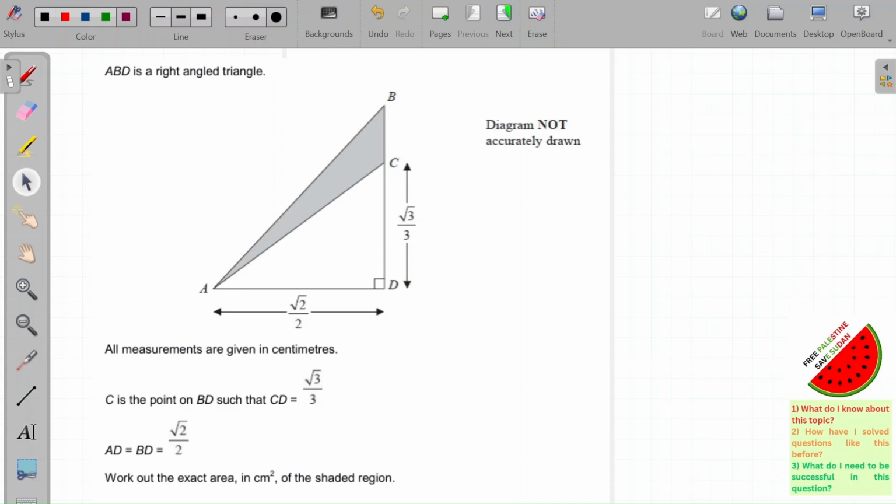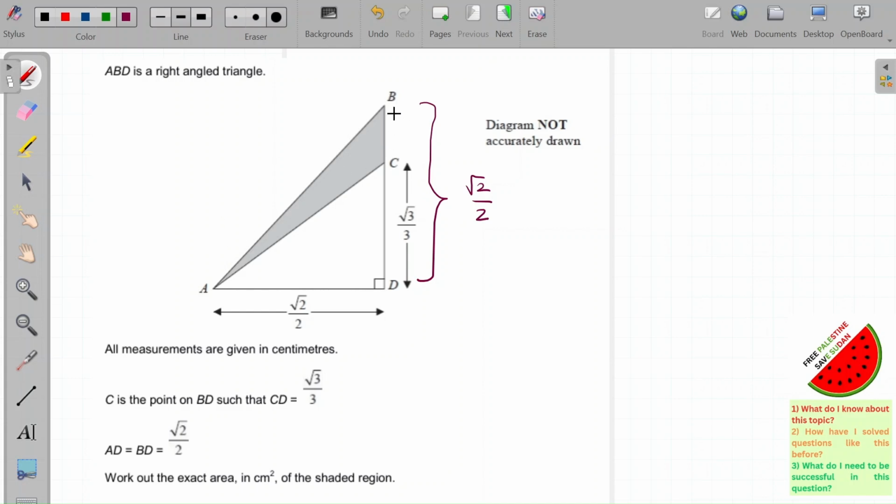It says C is the point on BD such that CD is root 3 over 3. AD is equal to BD, so that means the whole length of BD is the same as AD, which is root 2 over 2. Okay, work out the exact area in centimeters squared of the shaded region.